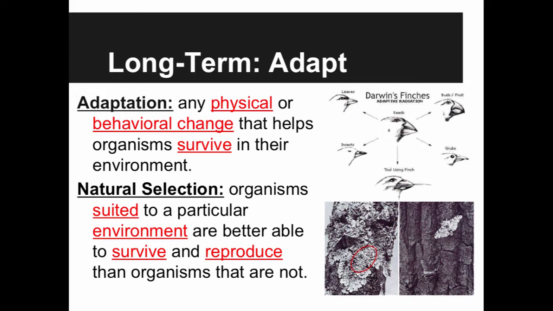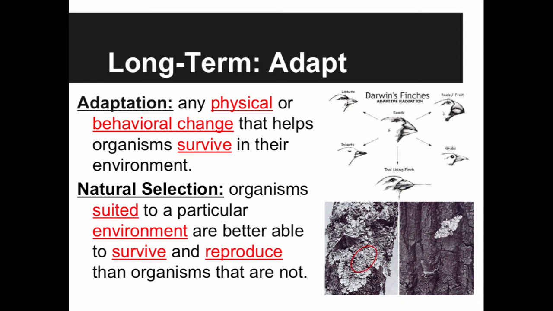So the white moth, which is actually right here, was very camouflaged. It was adapted to its environment. So therefore, birds wouldn't see it as easily. And so there were more that were able to survive to pass on their DNA. So over a long period of time, there were more white moths than black because their traits were favorable by nature.